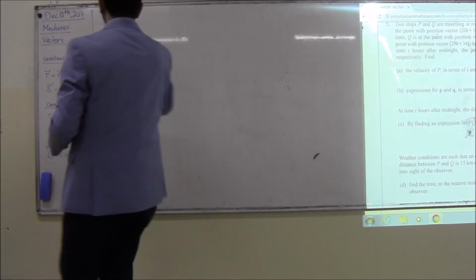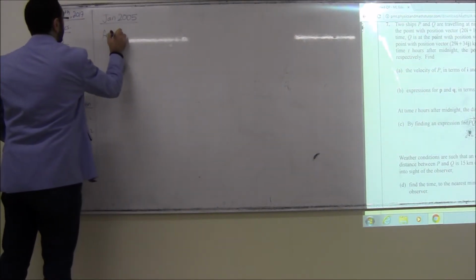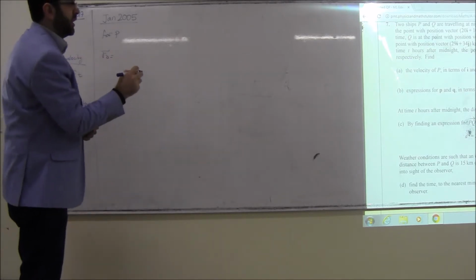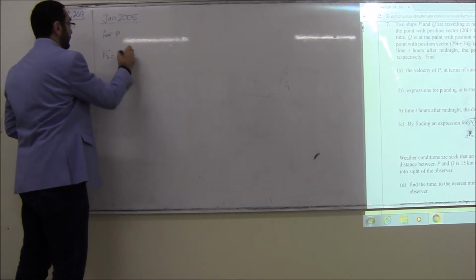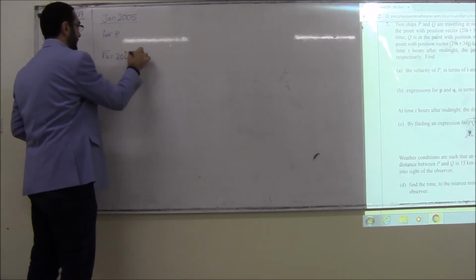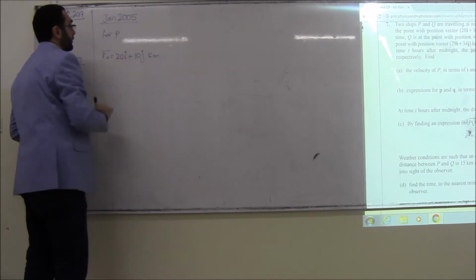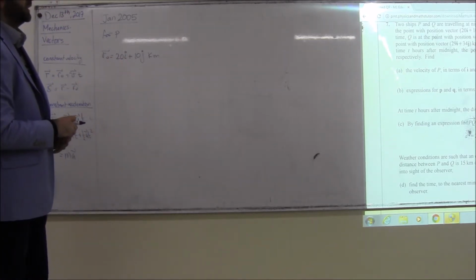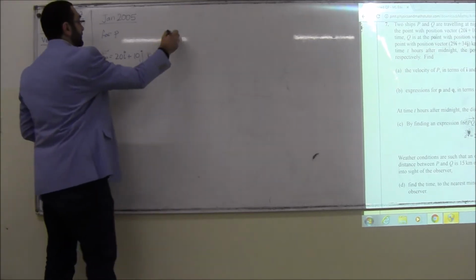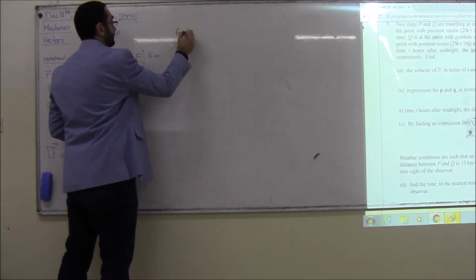This is for P, right? The initial vector for P is 20I plus 10J kilometers. This is the initial position of P. At the same time, Q is at the point of position vector for Q.